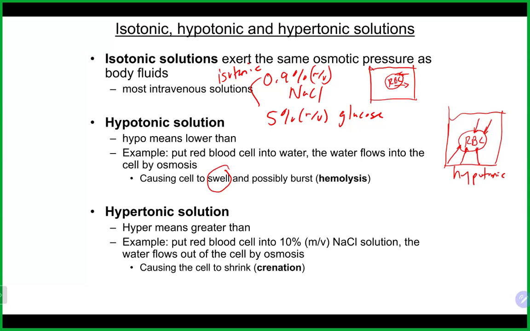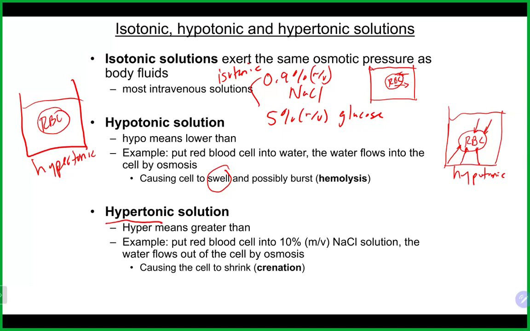Now, we also could have a hypertonic solution. In a hypertonic solution, if you put your red blood cell in there, hyper means more than. So a hypertonic solution means that the solution outside of the cell is going to be more concentrated than inside the cell. So the process of osmosis is going to occur.